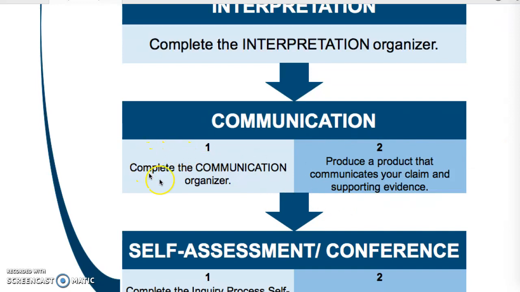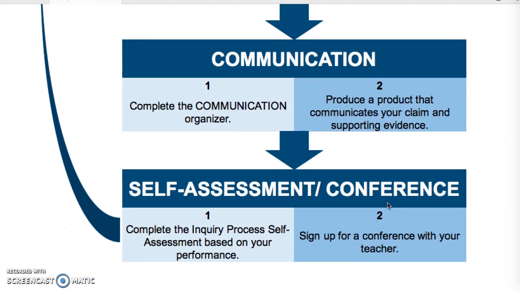Now, the communication organizer in step 1 also gives you the space that you need to explain the relevance, or why the evidence that you are using is important, and how it either proves or disproves your claim. Okay, doing that will make step 2 of communication much easier.